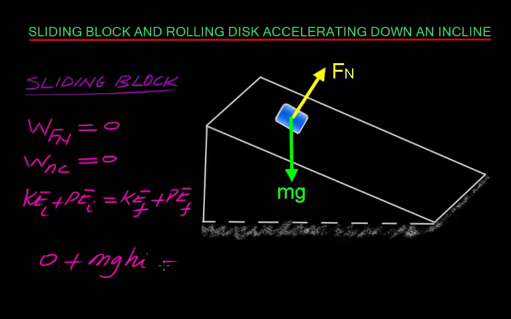That equals the kinetic energy final, which is 1/2 m v final squared, plus 0 potential energy at the bottom of the incline, because we are going to use the bottom of the incline as the reference point of measurement for our heights. Notice that the mass is a common factor, therefore it cancels out.